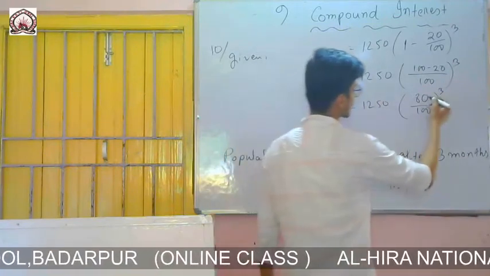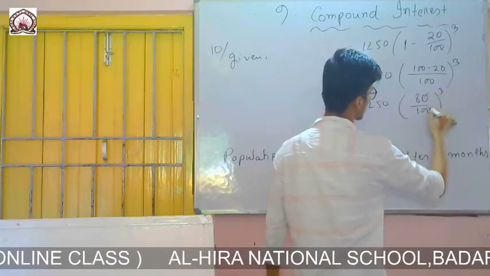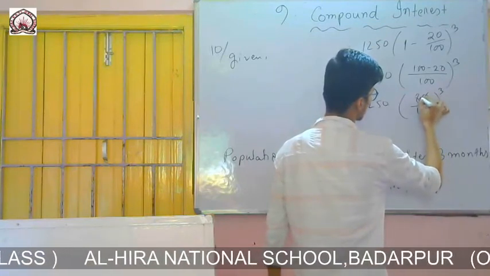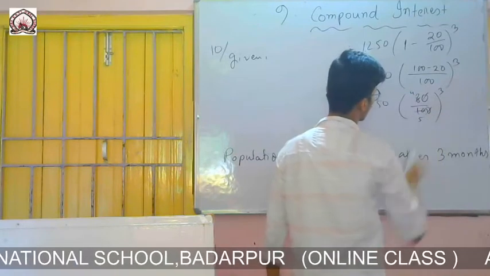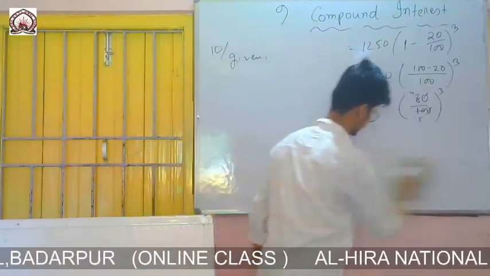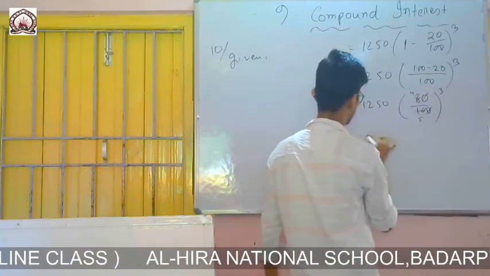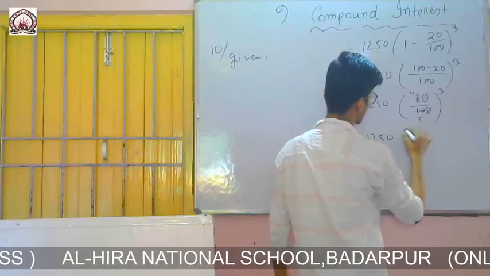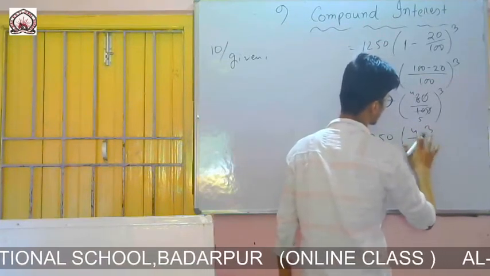So this one I can cancel, it will be easy for me. 0 0 cancelled, and 2 4s are 8 and 2 5s are 10. It will be easy to calculate, that's why I am cancelling it. So 4 is left, 5 is left. 1250 into 4 by 5 whole cube.